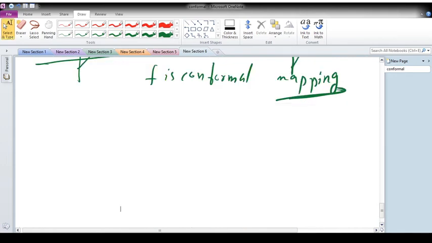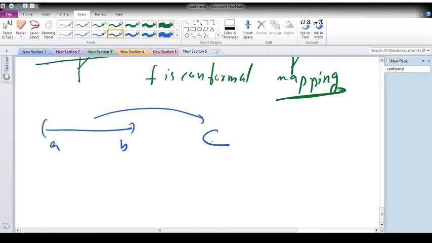Once more, I will explain. C is a regular curve. We have the interval [a, b], and its image is C, a curve, gamma from a to b.